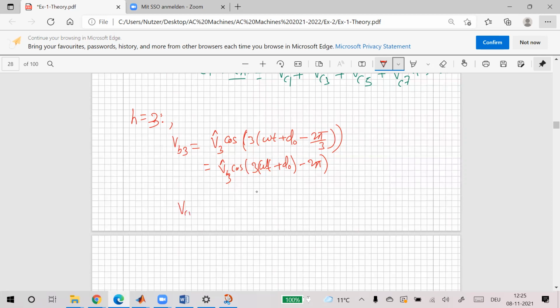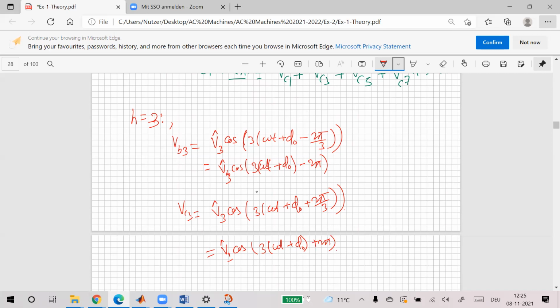And then VC3 is omega t plus phi naught, and then we have C as plus 2 pi by 3, and then we can see this is V3 cos(3 omega t plus phi naught), and this gets 2 pi.